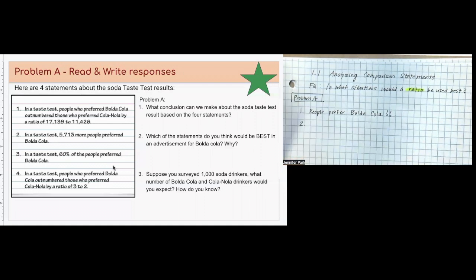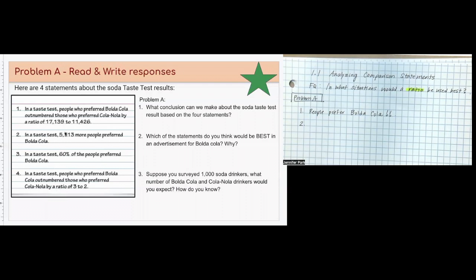I could say statement number 3: in a taste test, 60% of the people preferred Bola Cola. Or statement number 4: in a taste test, people who prefer Bola Cola outnumber those who preferred the other by a ratio of 3 to 2. I think statement number 3 and statement number 4 use smaller numbers and they're easier to relate to. So they could be the best ones to use in an advertisement.